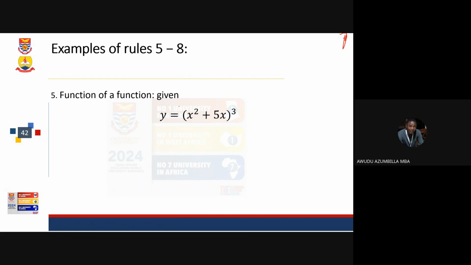Here we are saying that y is equal to bracket x squared plus 5x, raised to the power 3. So y is a function, and inside this bracket we have another function. We cannot differentiate this anyhow. We have to use a specific rule to differentiate this, and that rule is what we call the chain rule.